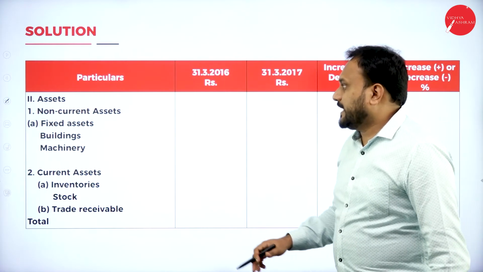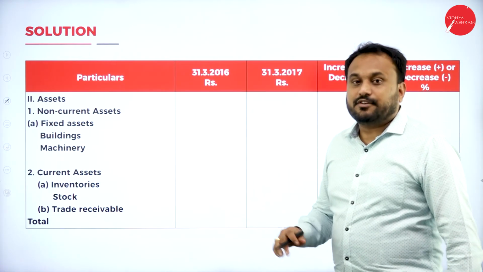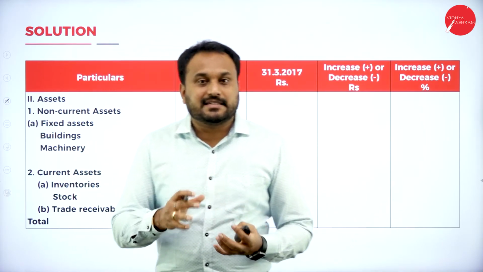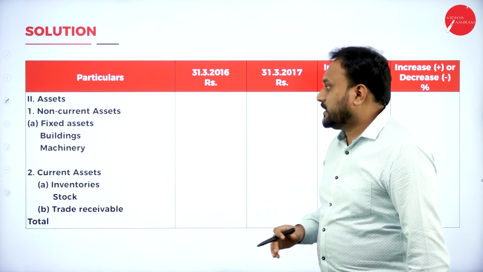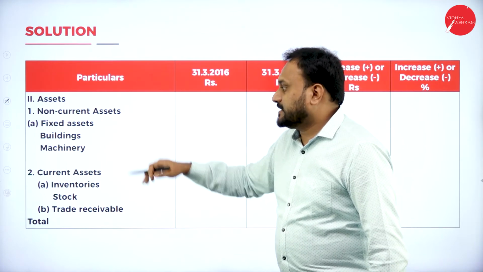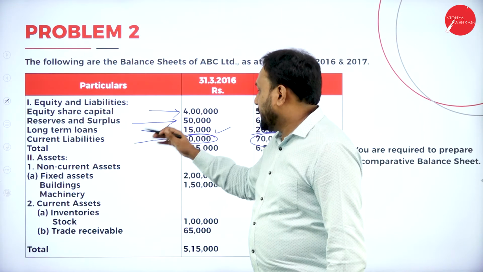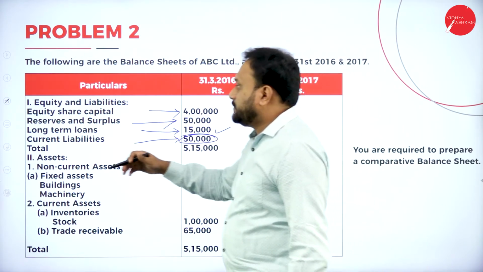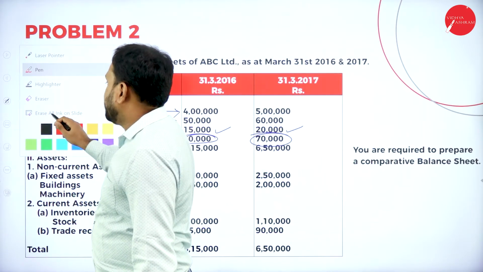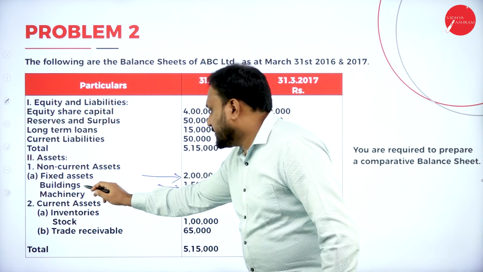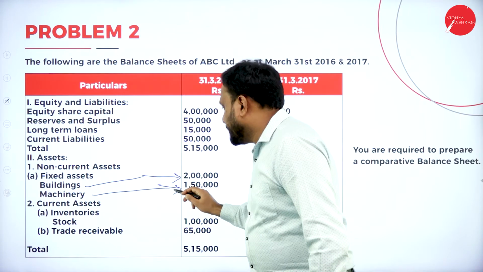Now we'll go with the next one, that is assets. For the assets, again you are supposed to go back and check what exactly the assets are. Non-current asset, in that fixed asset, how much is it? Now let me erase all these things for you people so you will not get any confusion. See, this is the buildings here. Then this is the machinery here.